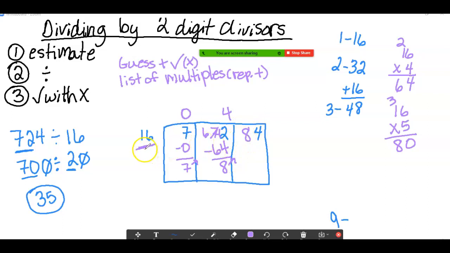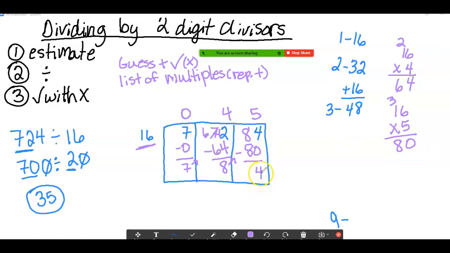Now I'm looking for how many groups of 16 out of 84. Well, I did this work over here. I can see that 5 groups gives me 80. If I add another group of 16, that's going to be too much. So this is my work that I needed, and I already have it. So 5 groups of 16 gives me 80, and now I'm left with 4.